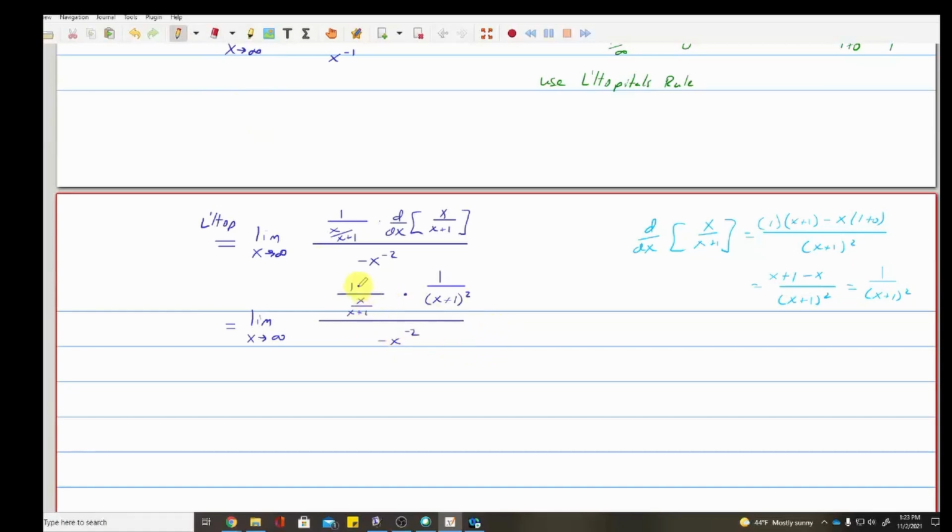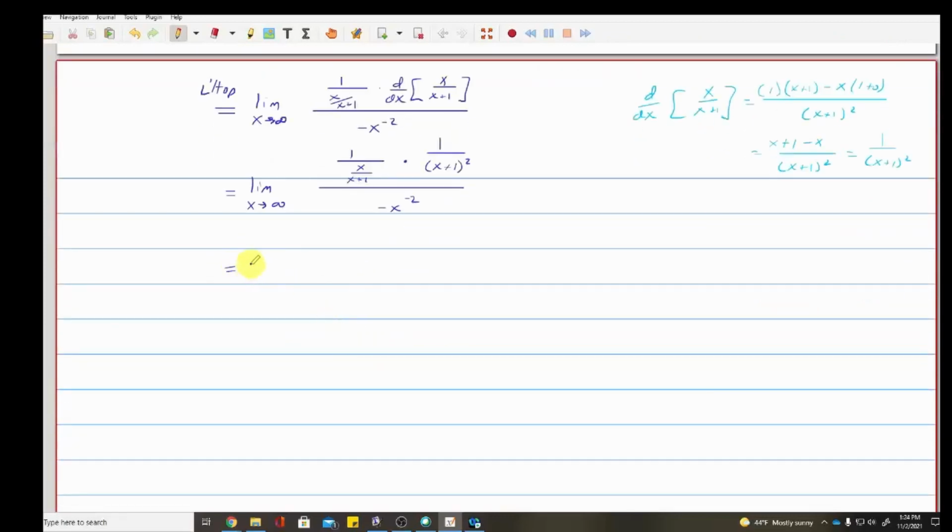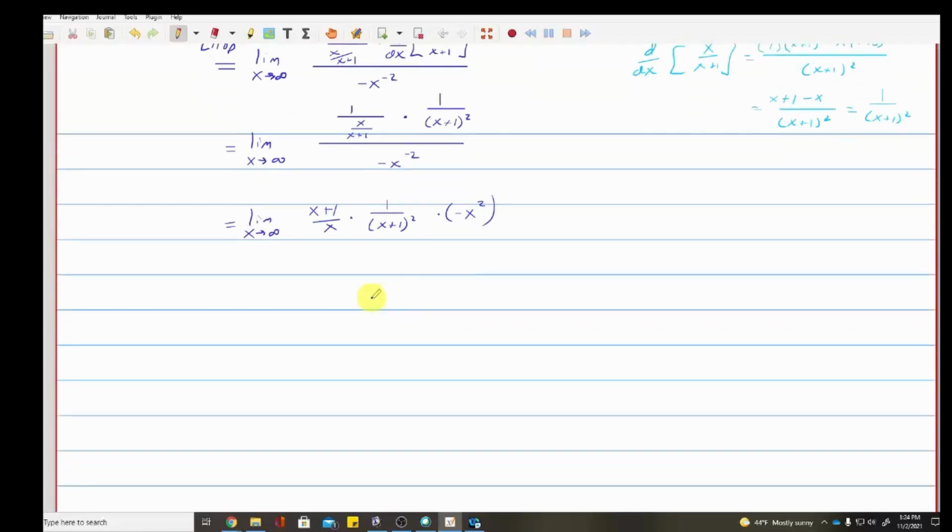So dividing by a fraction is the same as multiplying by its reciprocal. So I can rewrite this as x plus 1 over x. And likewise, taking this negative x to the negative 2 in the denominator, I can put it up as a negative x to the positive 2 in the numerator. Okay, so we can get rid of all of these multiple layer fractions.